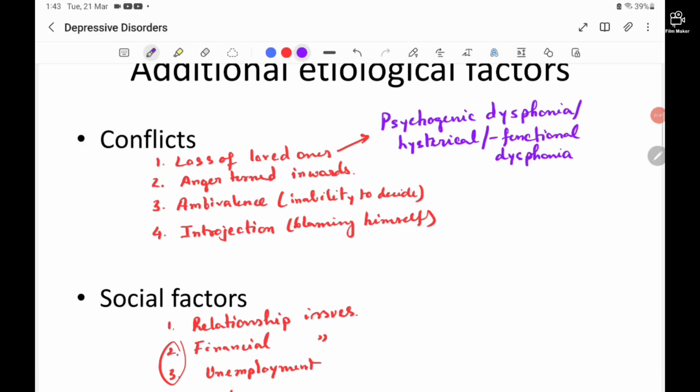Now, this condition is seen primarily in emotionally labile females.